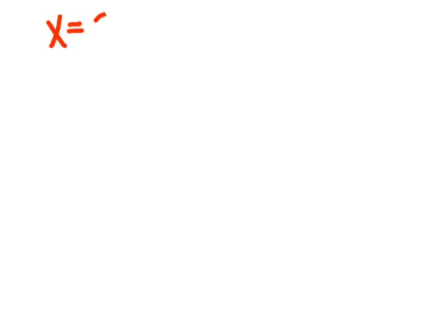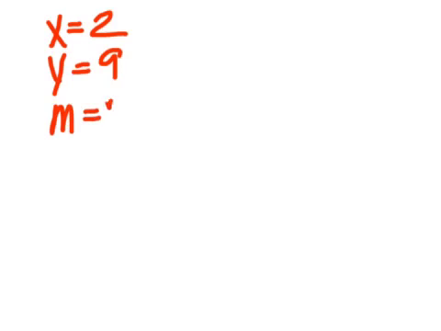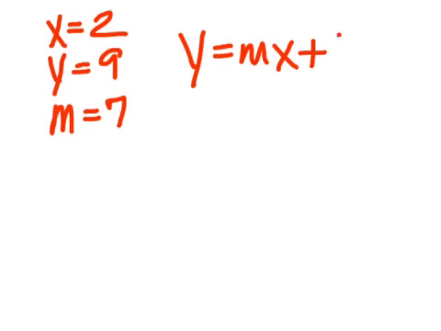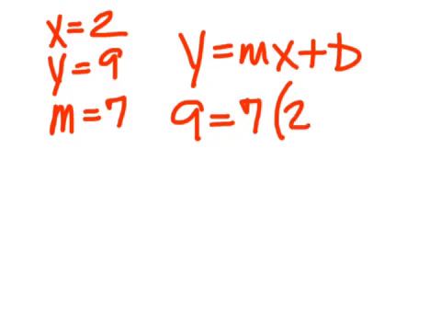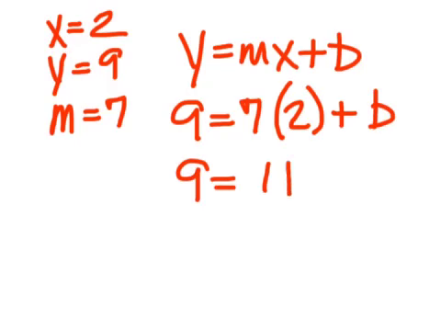Now that we have x equals 2 and y equals 9 and m equals 7, you can use y equals mx plus b to go back and solve for the y-intercept of the tangent line. Y is 9, the slope is 7, and x is 2. So 9 equals 14 plus b.